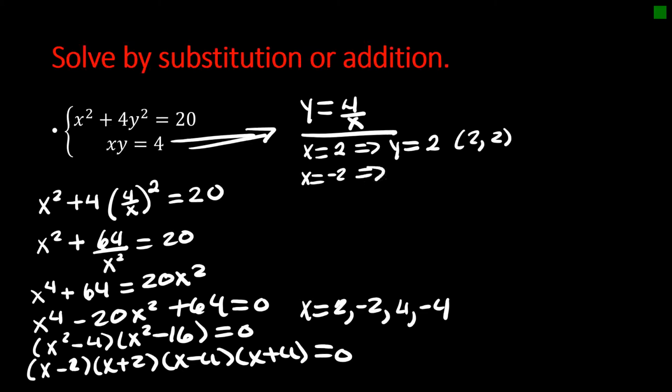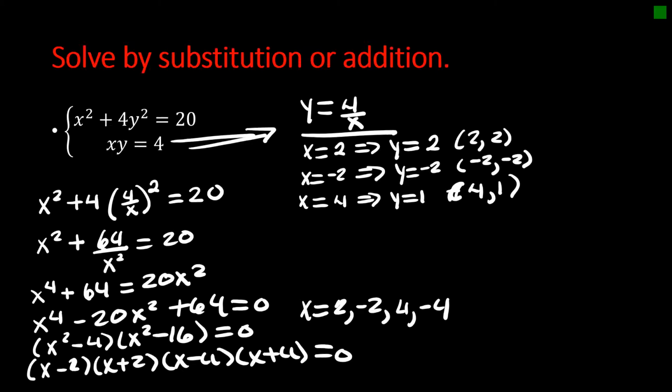If x is negative 2, we have 4 divided by negative 2. So y is negative 2. We have a point negative 2, negative 2. If x is 4, then we have 4 divided by 4, so y is 1. So we have a point 4, 1.